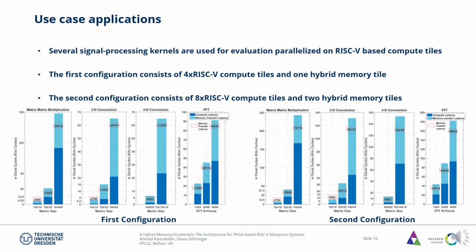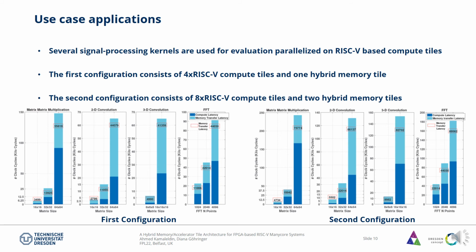Several signal processing kernels are used for evaluation, like FFT, 3D convolution, 2D convolution, and matrix-matrix multiplication. These signal processing kernels are parallelized on RISC-V-based compute tiles. In this paper, we support two many-core configurations. The first configuration consists of 4 RISC-V compute tiles and 1 hypermemory tile, while the second configuration consists of 8 RISC-V compute tiles and 2 hypermemory tiles.